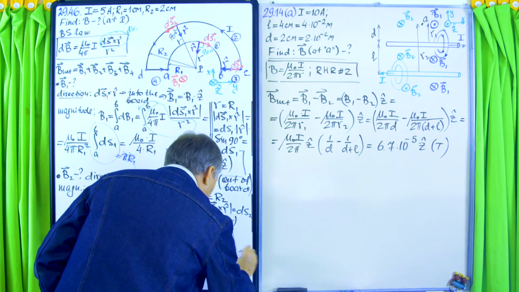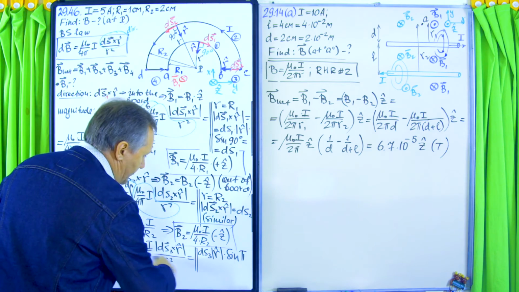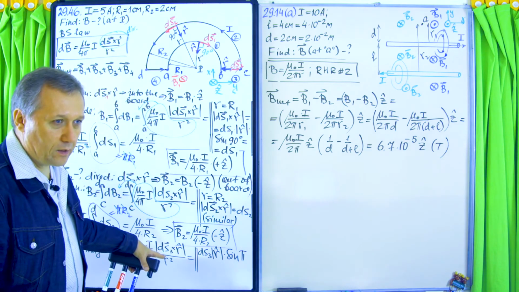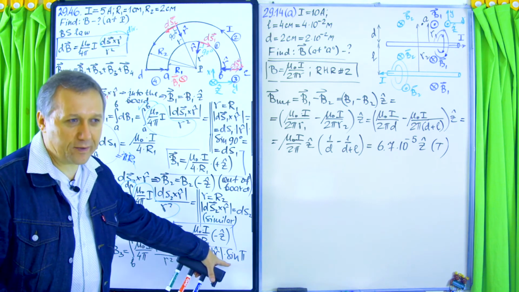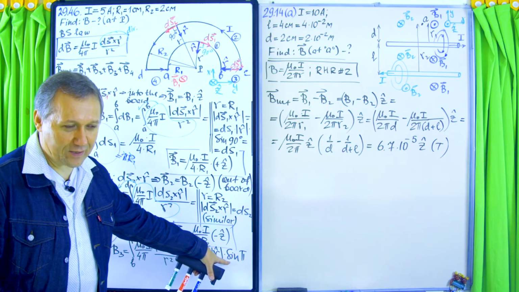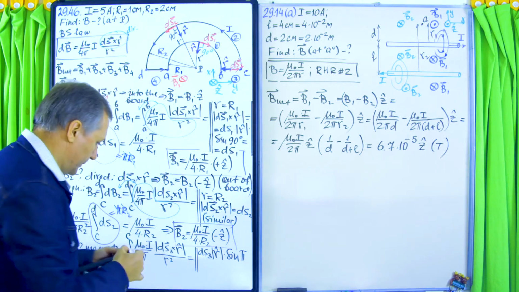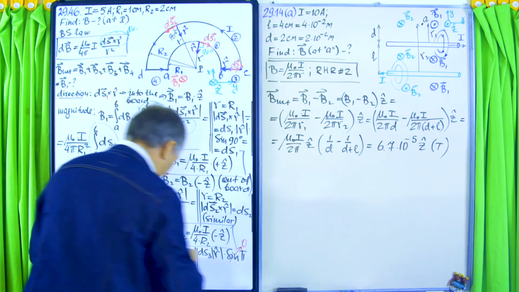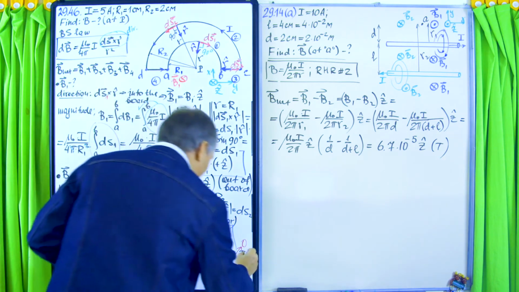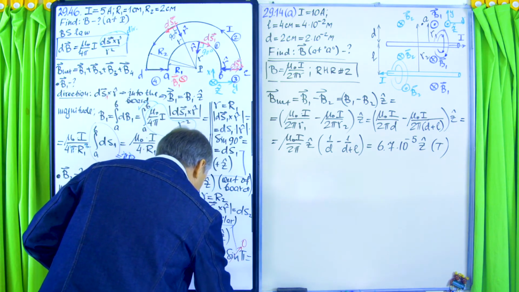Pretty much I'm just opening up this absolute value of the cross product. Sine of pi. What's sine of pi? 0. Sine of pi is 0.